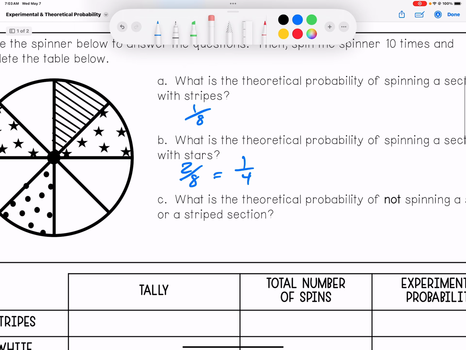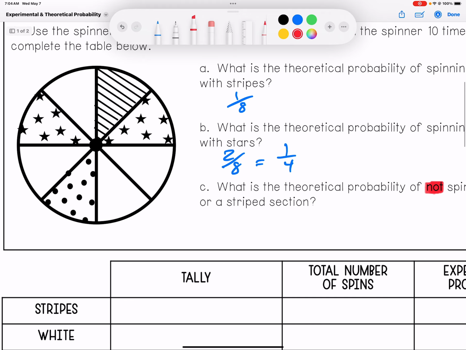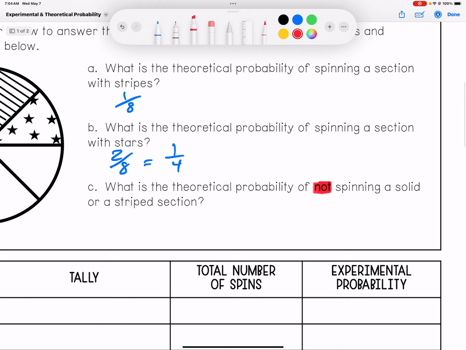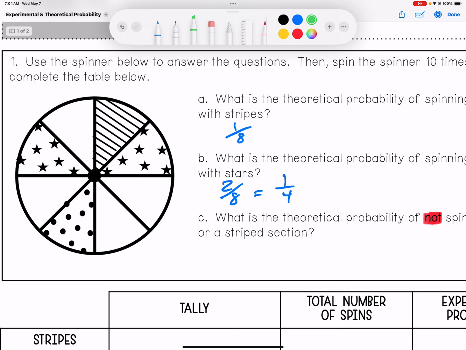All right, and this last one says, what is the theoretical probability of not, keyword there, guys, not spinning a solid or striped? All right, so how many solids do we have?